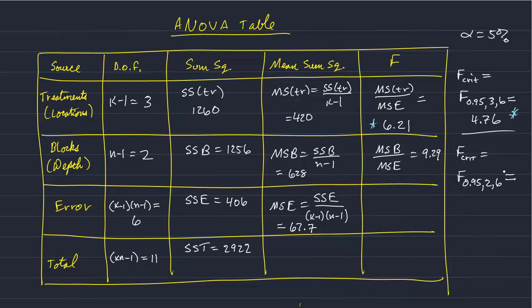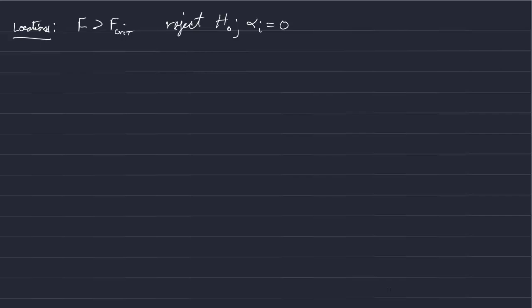And the critical value there is 5.14. So again, our measured value of F is greater than our critical value. So for depths, the variance associated with depth, again, F is greater than F critical, and so we have to reject H0, that the differences associated with depth are equal to 0.